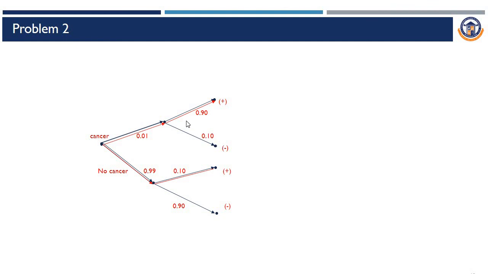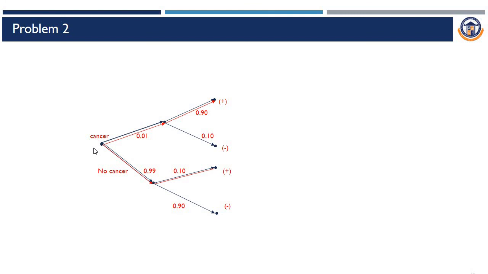So a 90%, that is 0.90, is a positive result, and on the opposite side 0.10 is a negative result. In the no cancer branch, with 0.99 probability, a positive result is 0.10 and a negative result is 0.90.